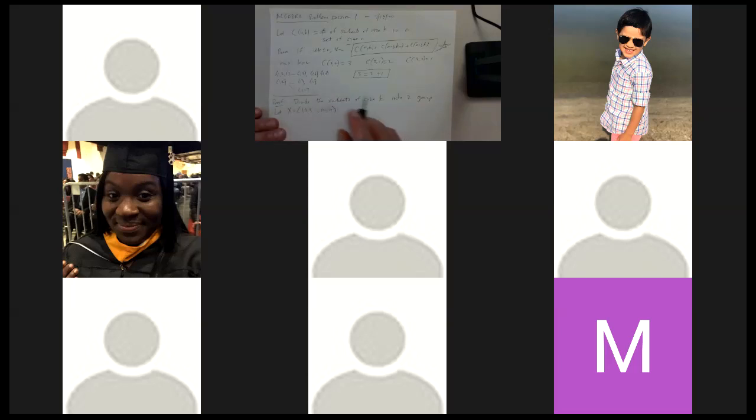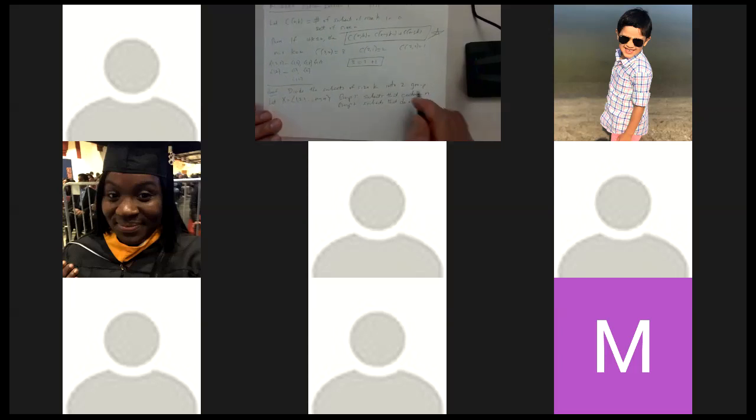Let's call it group 1. These are the subsets that contain the number n, and group 2 are the subsets that do not contain n.